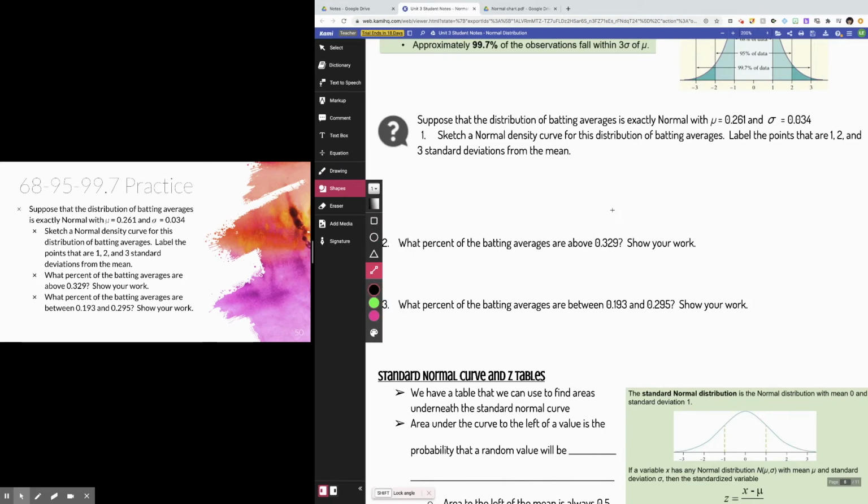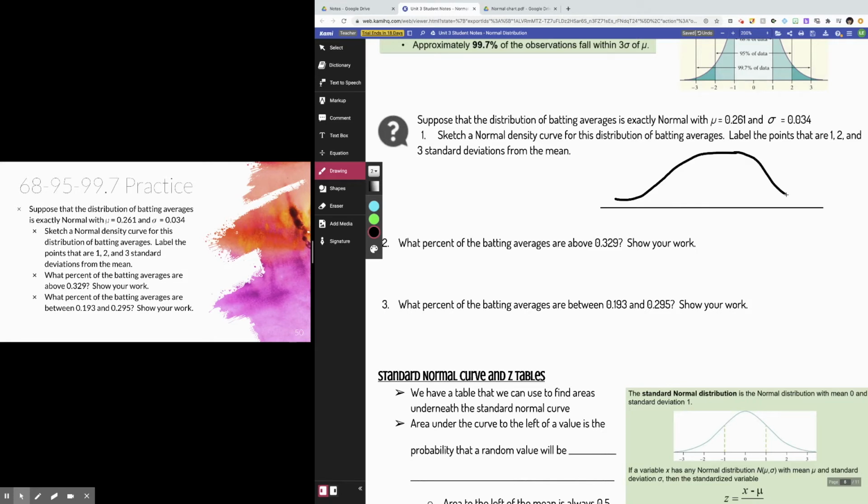First, draw a line straight across and then sketch your normal distribution. It does not have to be beautiful.